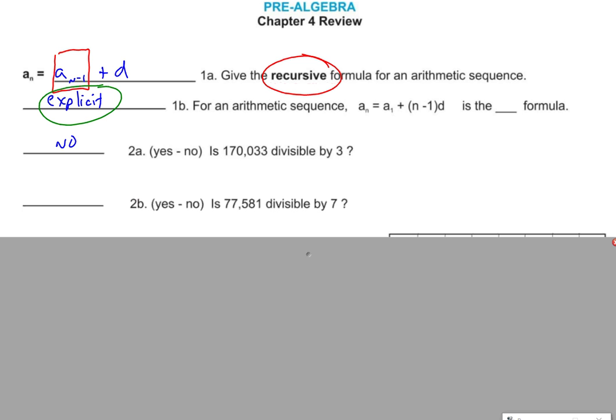Okay, do we have a divisibility rule for 7? Yes or no? No. So figure out if that one's divisible by 7, yes or no. To be or not to be? That is the question. Is it divisible by 7, yes or no?